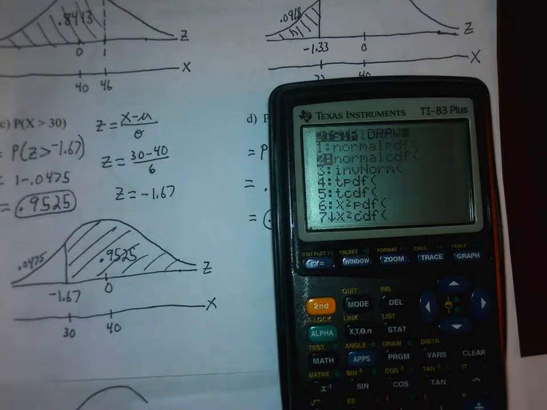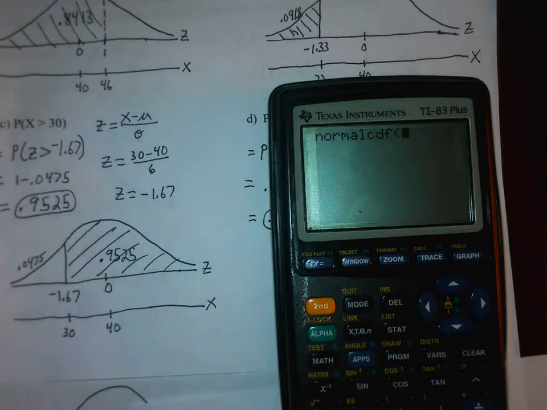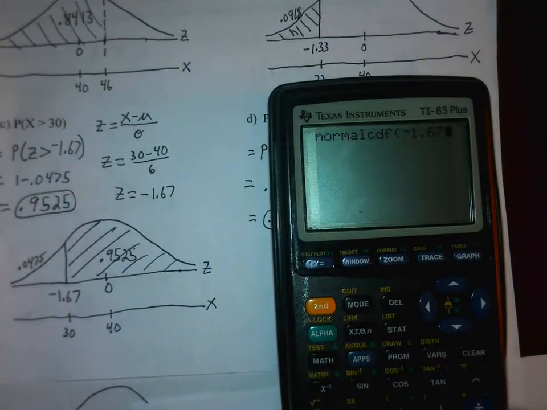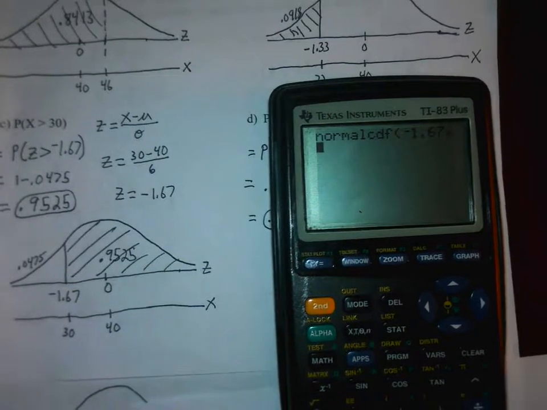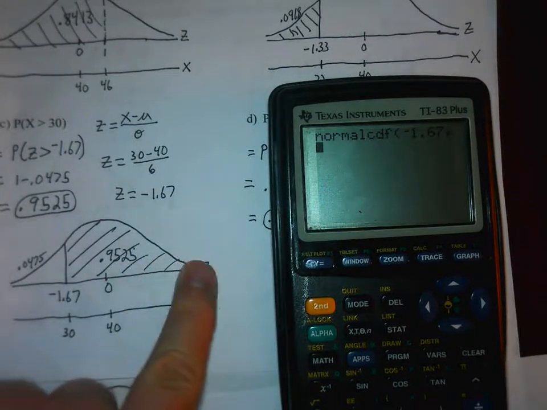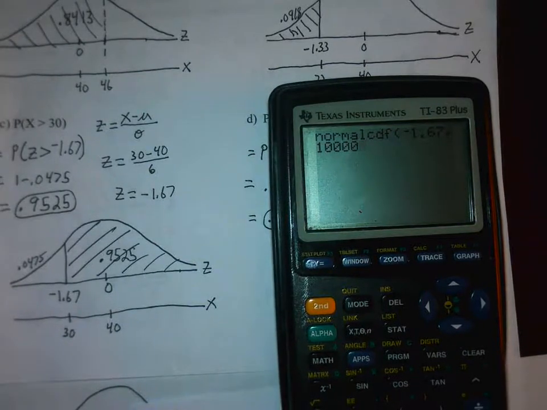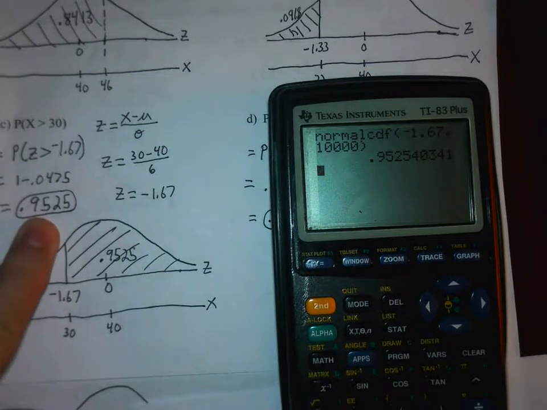Okay, so normal CDF. Lower z-score, negative 1.67. And the upper z-score, well, we're going all the way out to the right here. So that's when you put in a number like 10,000, which just means you're going 10,000 standard deviations above the mean, which is way out there to the right. And that gives you 0.9525.